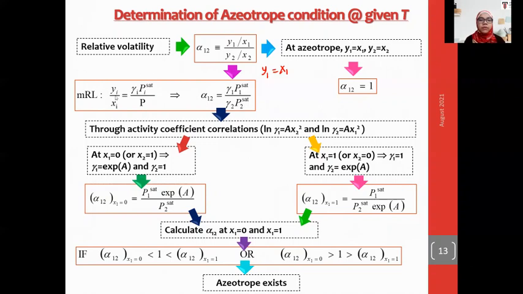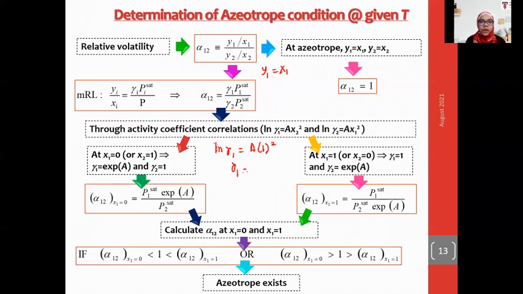Okay, for example here for modified Raoult's law, by replacing the y1, you can have this another correlation. So from this, we know that the ln gamma can be obtained. So you may replace it. Okay, so for example here at x1 equal to 0, we can have ln gamma 1 equal to A, since x1 equals 0 and x2 turns to 1.